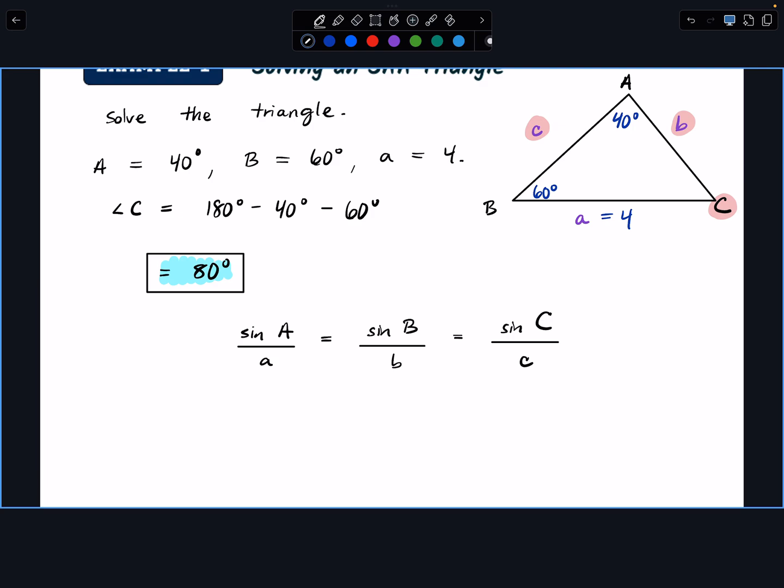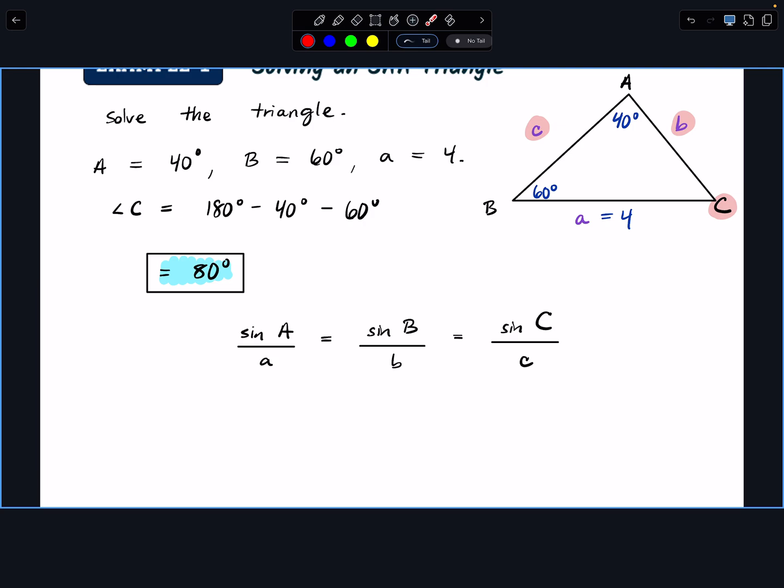Okay, so let's say I want to solve for B next. So that means that I have to use this fraction to find little b. Does that make sense? What is the other fraction I must use?